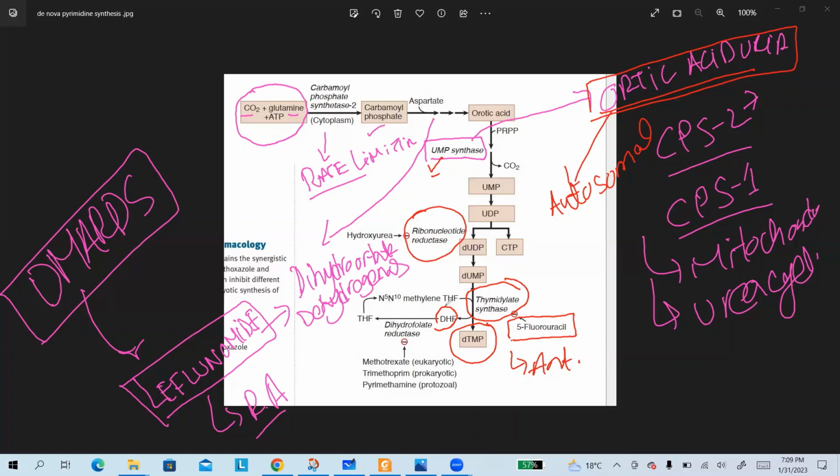This enzyme is inhibited by methotrexate, an anti-cancer drug, in eukaryotes like humans. In prokaryotes, dihydrofolate reductase is inhibited by the drug trimethoprim, and in protozoa it is inhibited by the drug pyrimethamine. So this is basically super high yield stuff from the USMLE point of view.